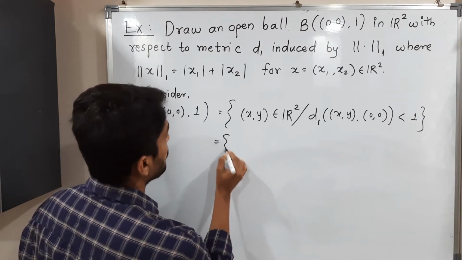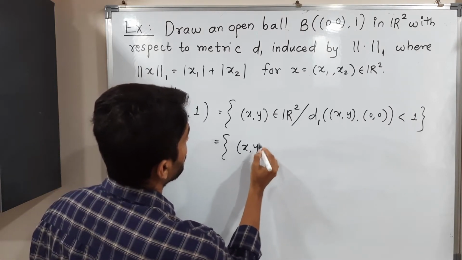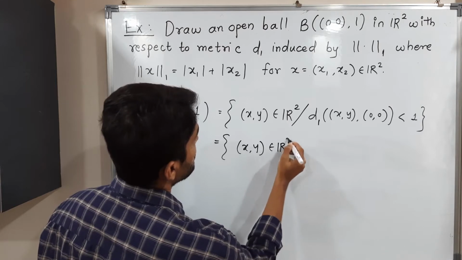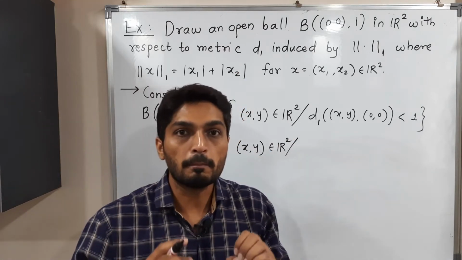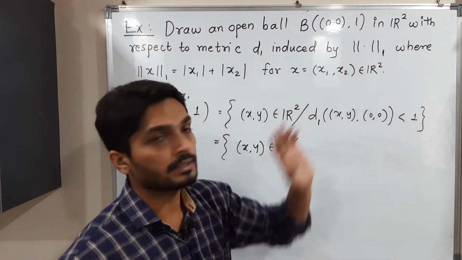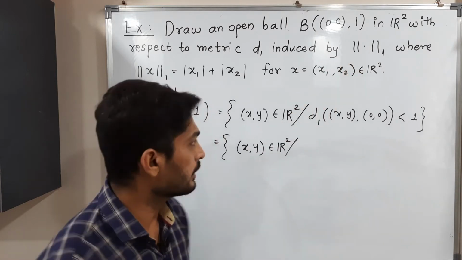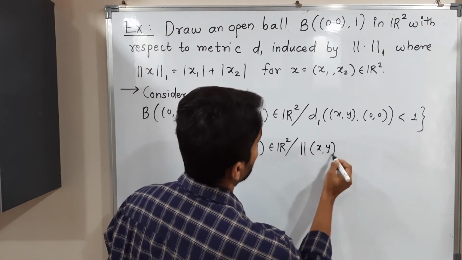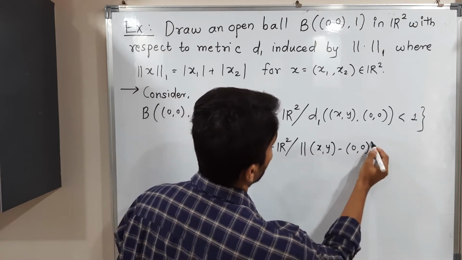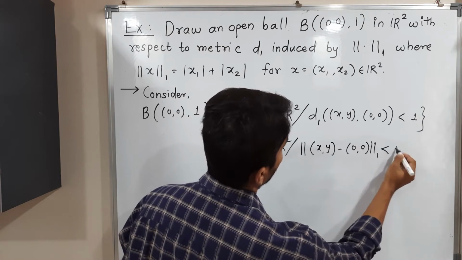So this is equal to the set of (x,y) belonging to R2 such that d1, they have clearly mentioned d1 is the metric induced by this norm 1. So the definition of d1 will be norm 1 of (x,y) minus (0,0) less than 1.